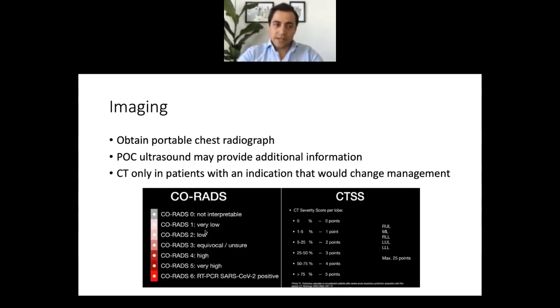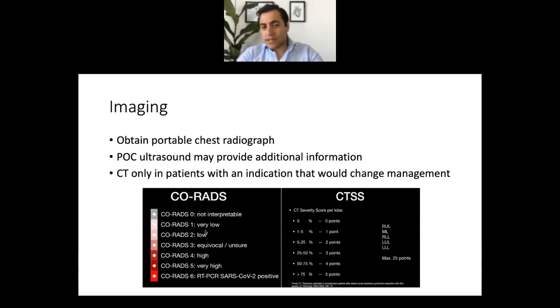You can also obtain some imaging, so obtain a chest radiograph if available, and do a point-of-care ultrasound. This can also provide information which can be useful at a later stage when the patient is in need of mechanical ventilation.